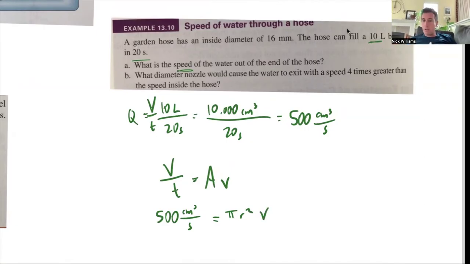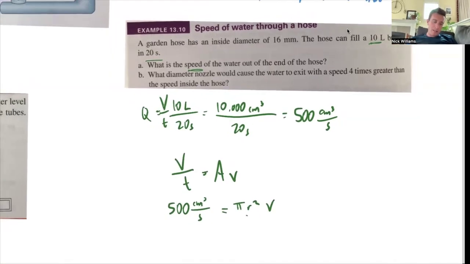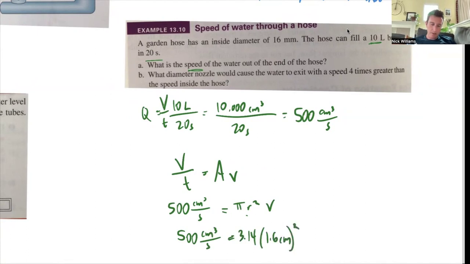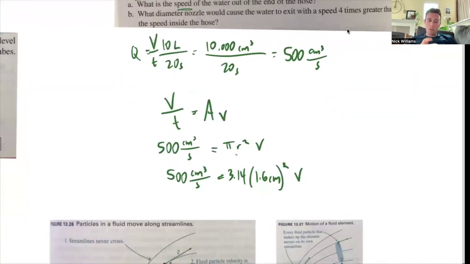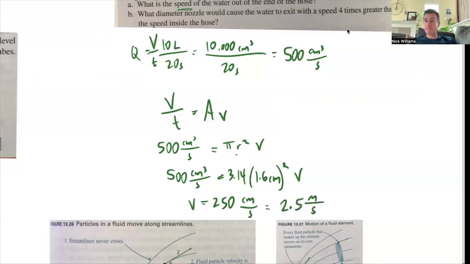Since I have centimeters cubed, I'm going to put this r in centimeters. So 500 centimeters cubed per second equals 3.14 times 1.6 centimeters squared times V. Solving for V, I get V equals 250 centimeters per second, which is 2.5 meters per second.